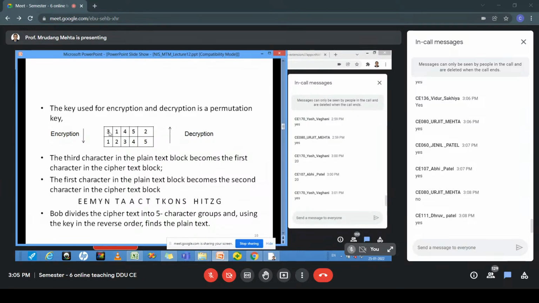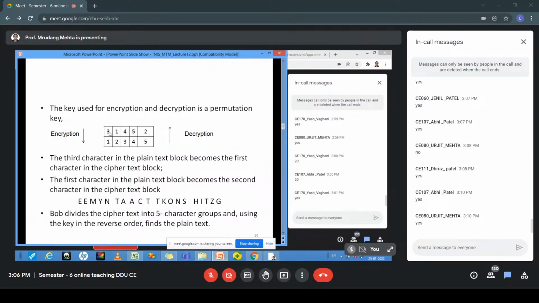Reverse we have to see. One is on third position. And fourth is on third position. And fifth is on fourth position. Is this clear to all of you? Decryption key. Is the decryption key clear to all of you?